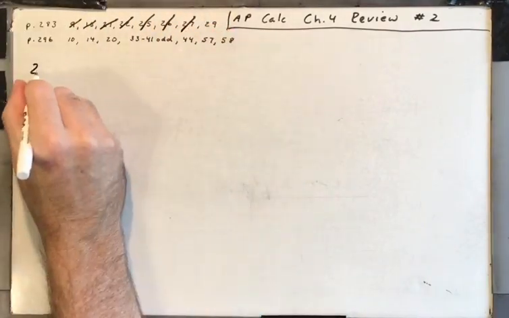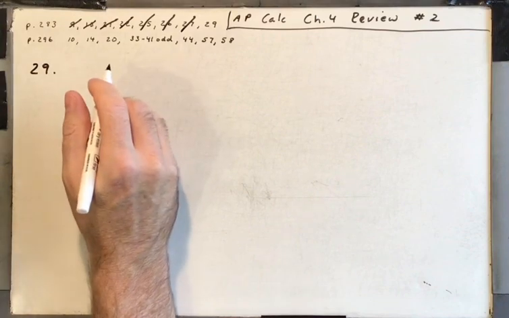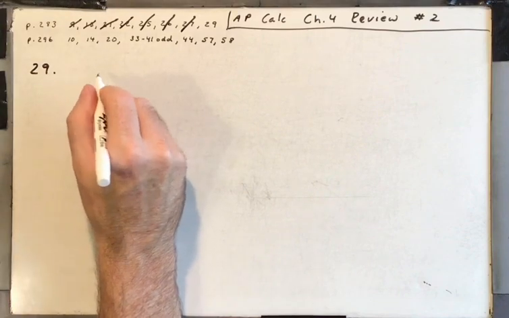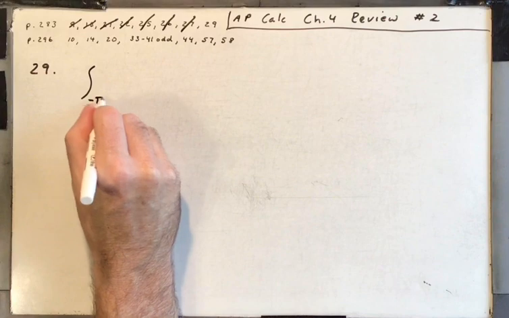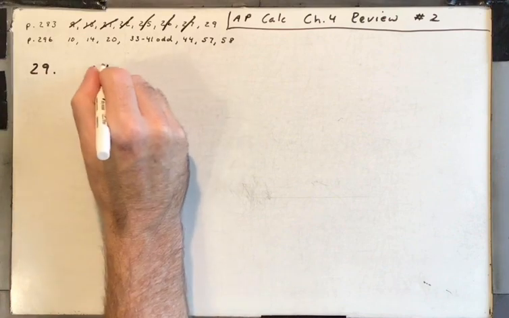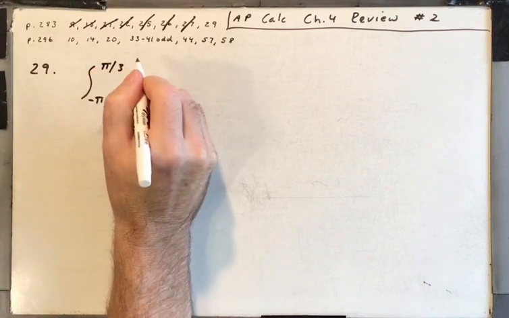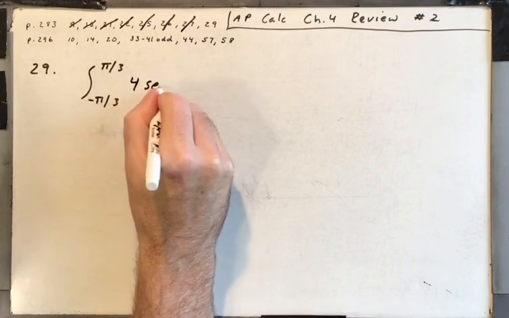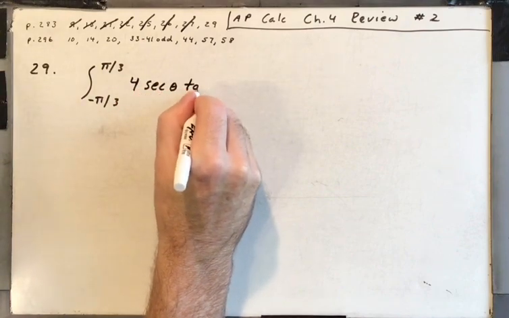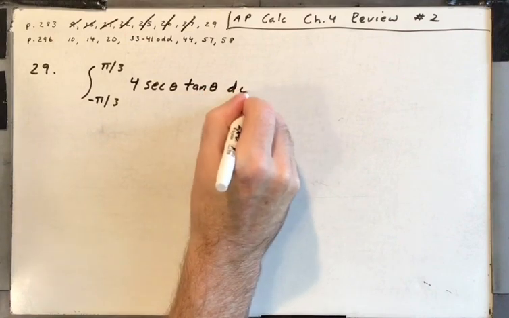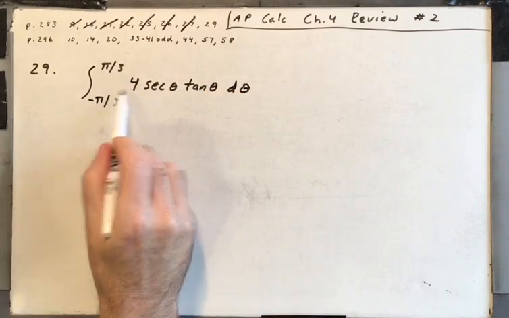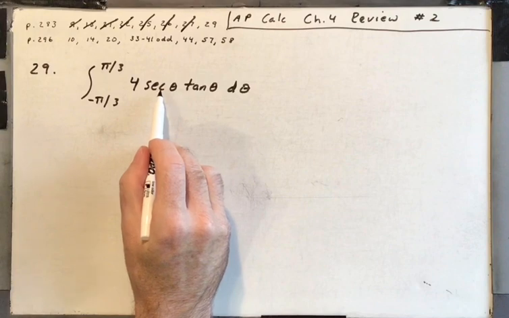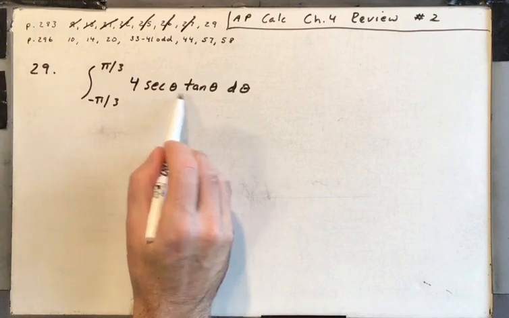Number 29. Negative pi over 3 to pi over 3 of 4 secant theta tangent theta. All right, we can't pull that 4 out front, but what gives you secant tangent when you take the derivative?